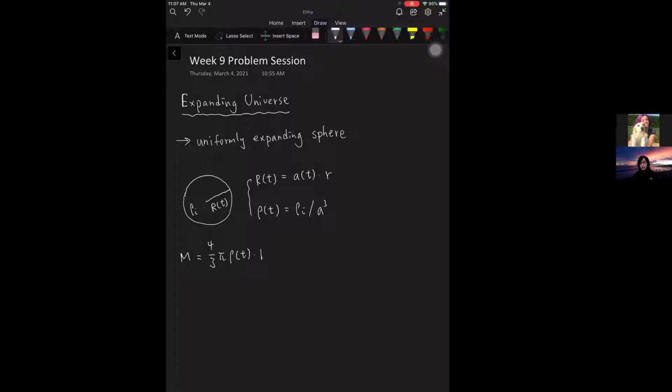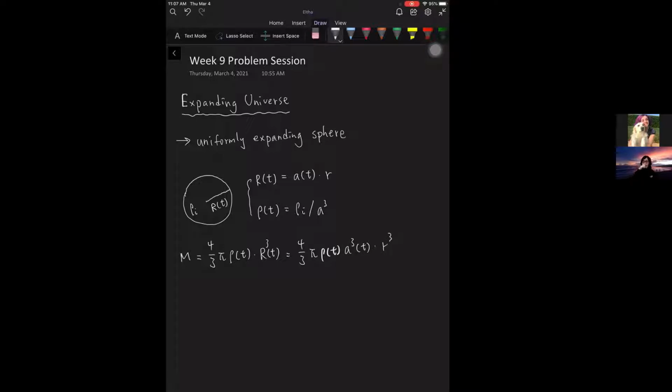Since we know that R of t is a times small r, this can be reduced to 4/3 pi rho of t, and R of t can be written as a cubed times small r cubed, right?